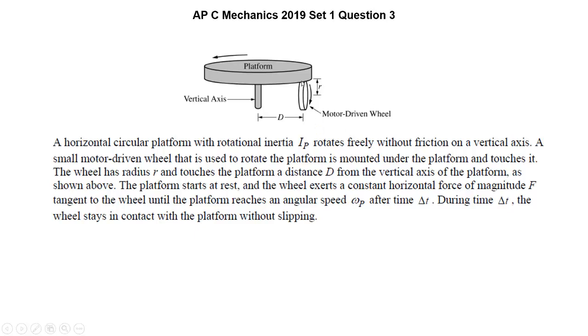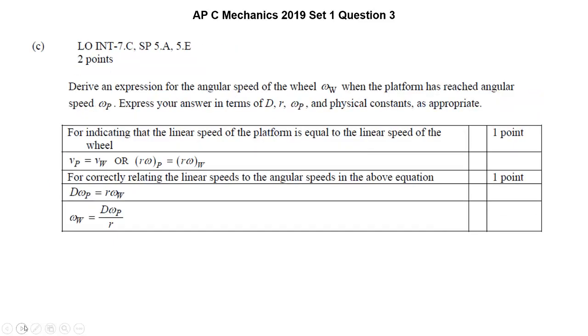It's got to be moving the same speed. If it wasn't moving the same speed, it would be slipping. Imagine the wheel going faster than the platform, or the platform going faster than the wheel. So that's what it means to say that it's not slipping. So therefore, we can relate the linear speed of the platform at that point to the linear speed of the outside of the wheel. And as you hopefully know, we can convert the linear speeds to rotational speeds by using v equals omega r.